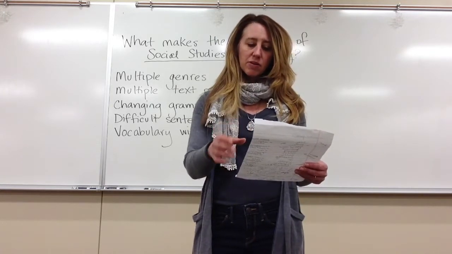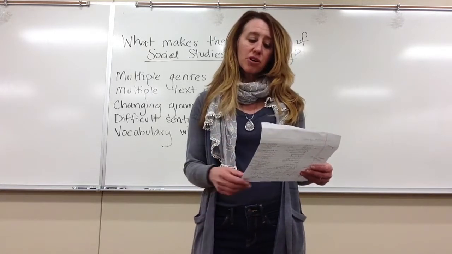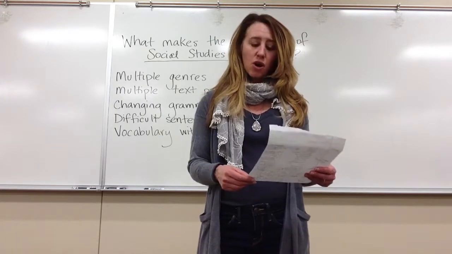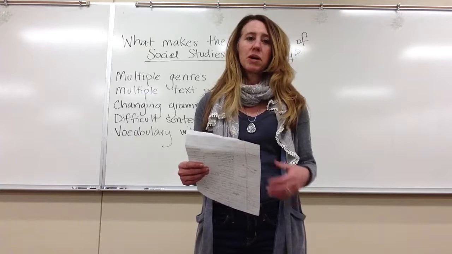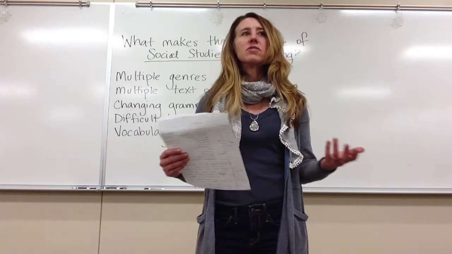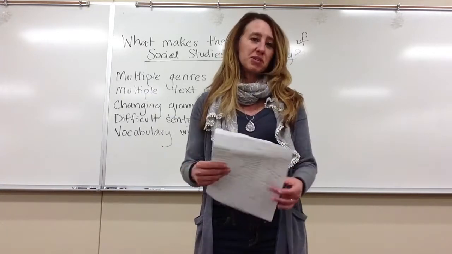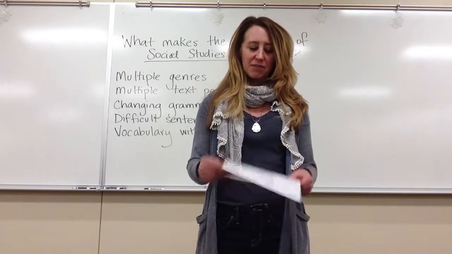Sometimes there are advertisements or brochures to get a sense of what people were being told about a place, or what kinds of needs people had, or what they were being told their needs were.